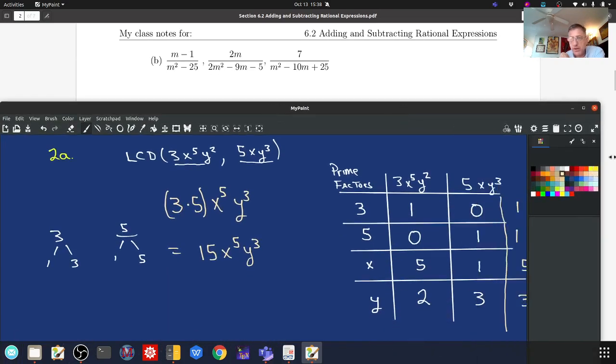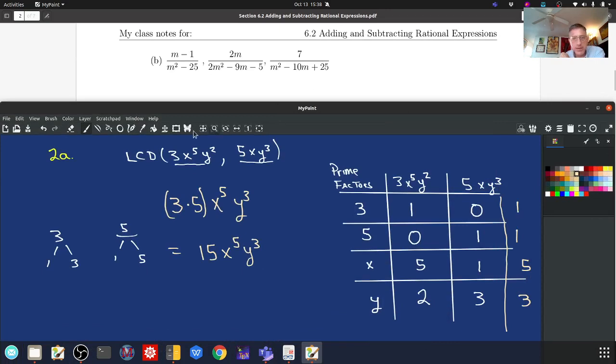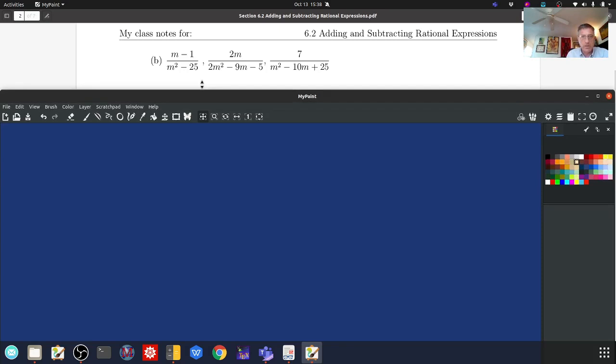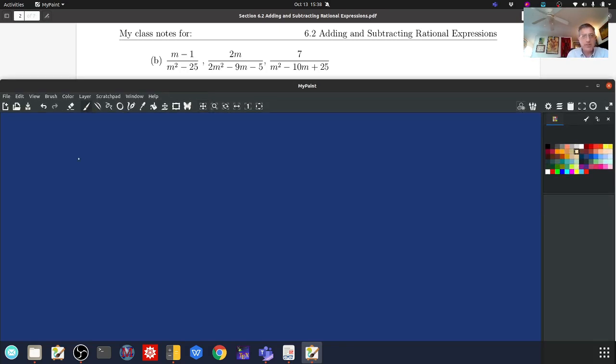So here is a completely different type of question, but we're going to use the exact same procedure, except we have to factor. So I'm asked to find the LCD of the following terms: m squared minus 25.